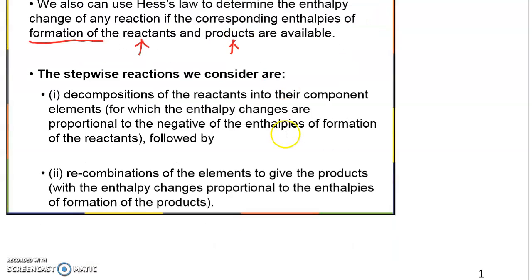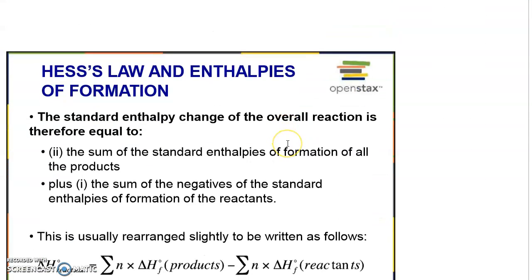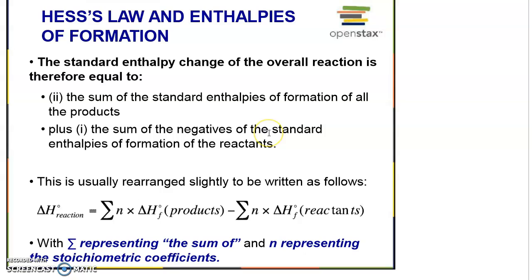Mathematically, how do we write that? The delta H of a reaction is equal to the sum of each of the delta H formation, or enthalpy of formation, of the products, minus the sum of the enthalpy of formation of the reactants.